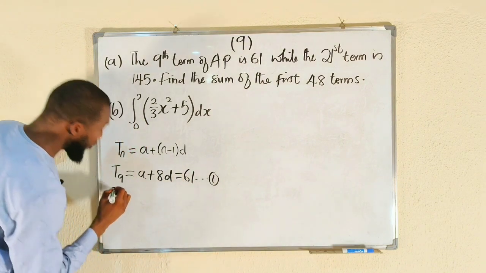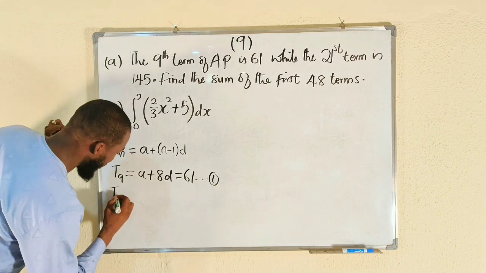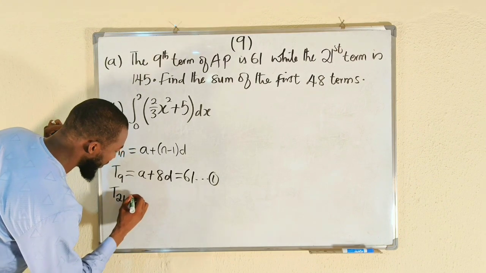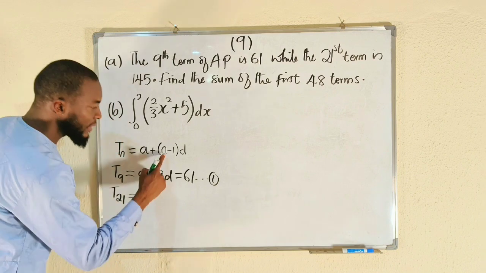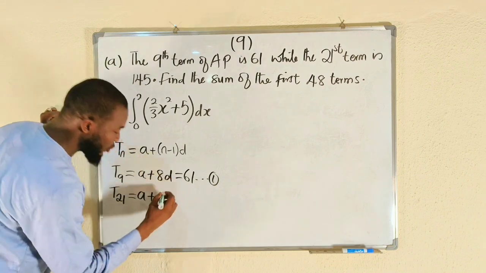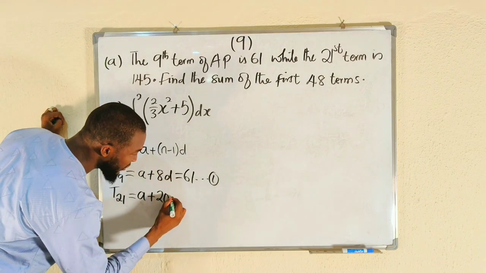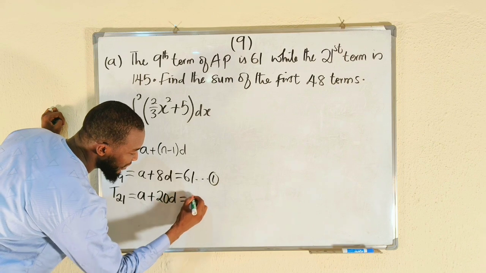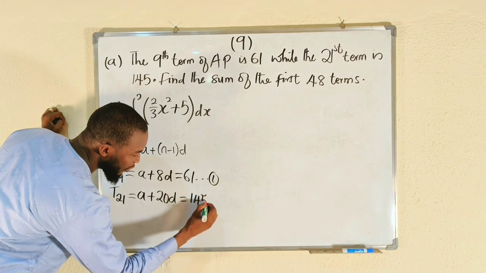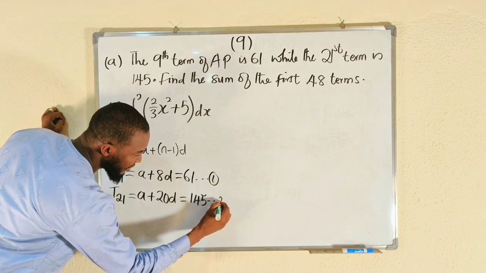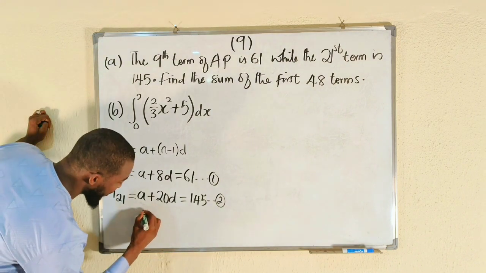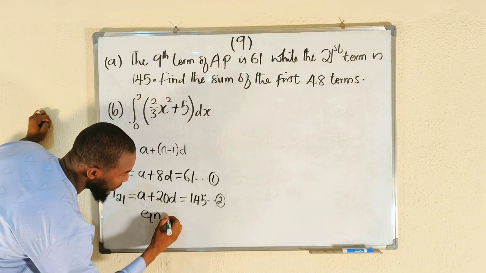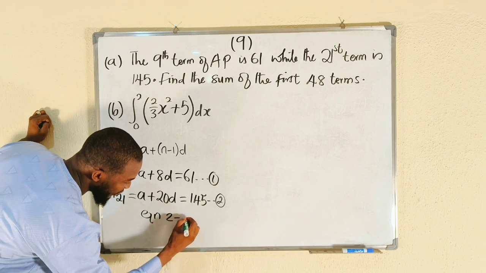Then term number 21 is given as A plus 21 minus 1, which is 20, multiplied by d. This is equal to 145 according to the question, and this is our second equation. So I would like to subtract equation 2 minus equation 1.